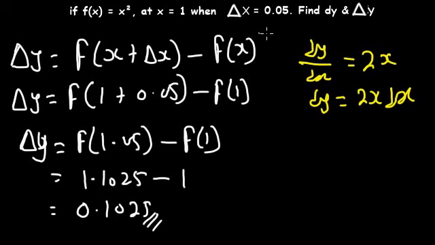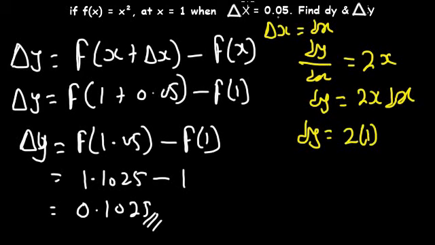So therefore, delta x is equal to dx. So dy will be equal to 2x, x is 1, that's 2 times 1, multiplied by dx, which is 0.05. That gives us 2 times 0.05, and multiplying this, we get 0.1.